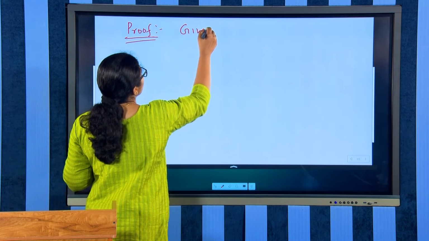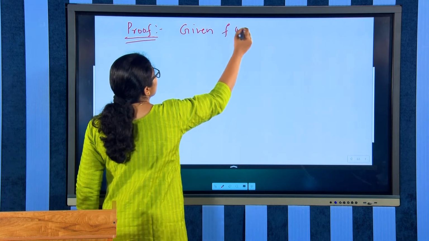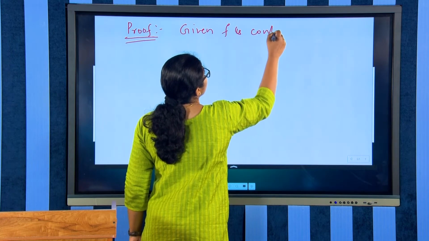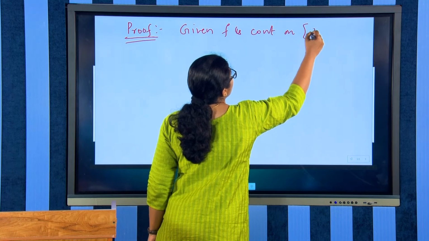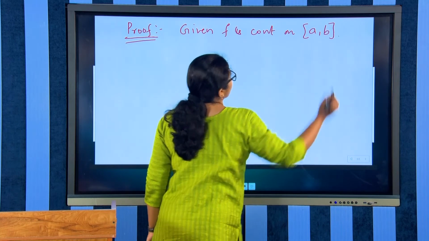Given f is continuous on a closed bounded interval, say AB.